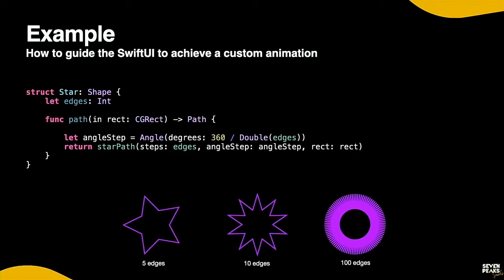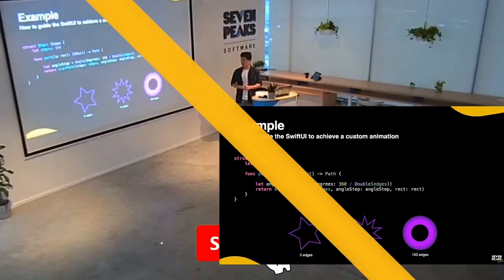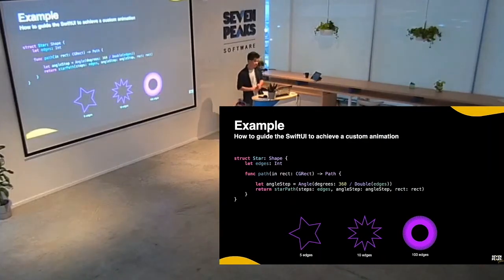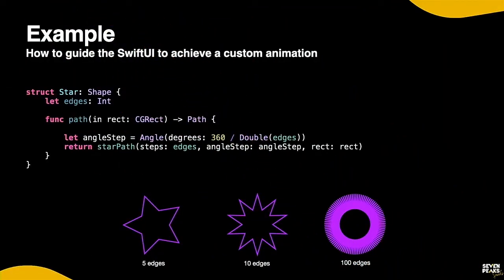And here we have one function to draw a star path depending on the number of edges. Of course, it's purely a trigonometry thing to draw on the context. So here is the sample of a 5-edge star, 10 edges, and 100 edges. And we will implement a custom animation to animate the number of edges of this star.